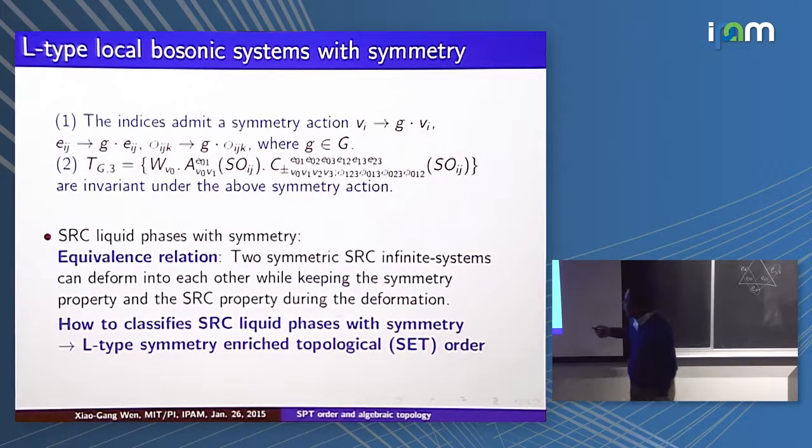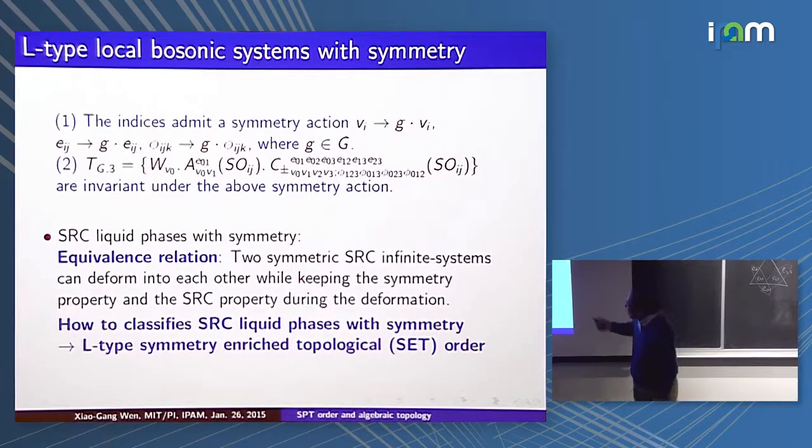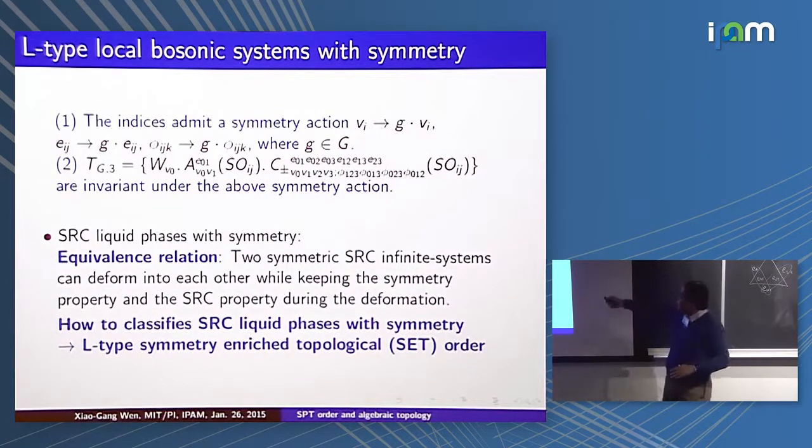However, when you have a symmetry, the equivalence relation becomes a little bit tricky. When we deform a system from one to another, we have to assume that during the whole deformation path, this symmetry condition is satisfied.